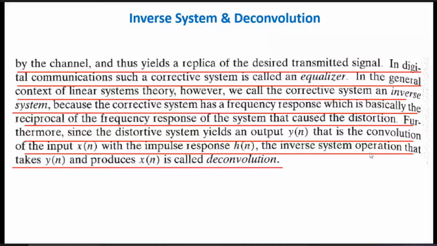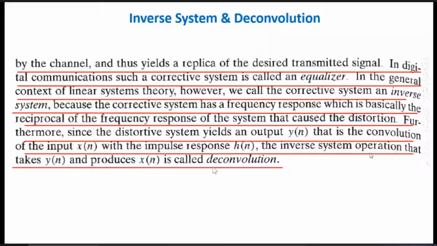So some effect within the channel is there which is unknown, and if you want to remove the effect and get the actual, pure original data, then you have to pass that signal through a system which will rectify or remove the errors caused during the transmission of the data in that channel.